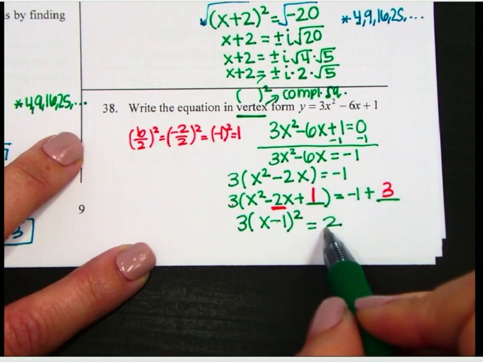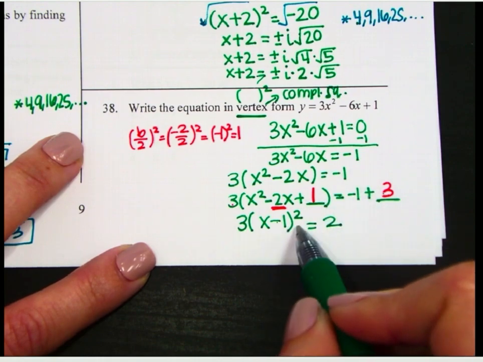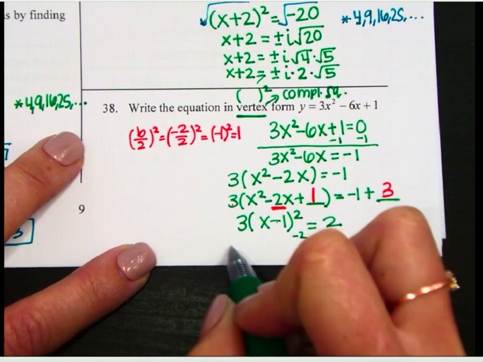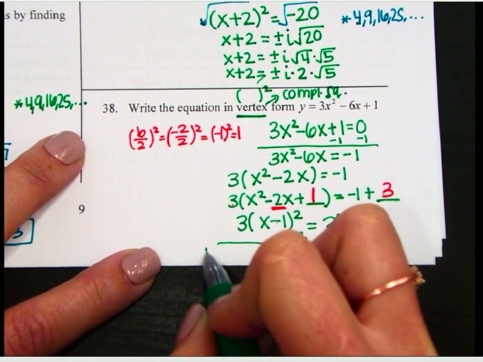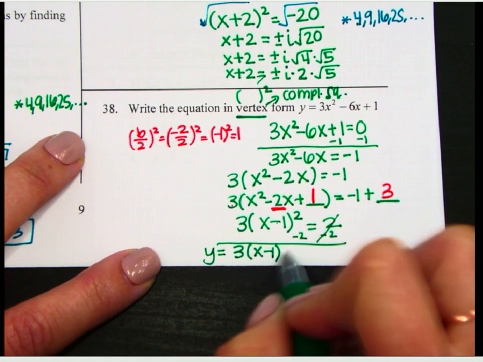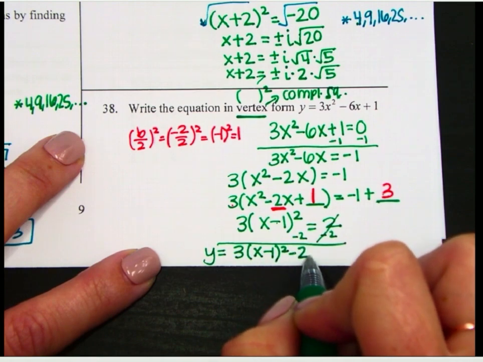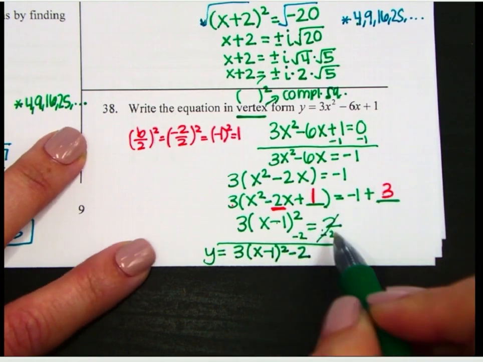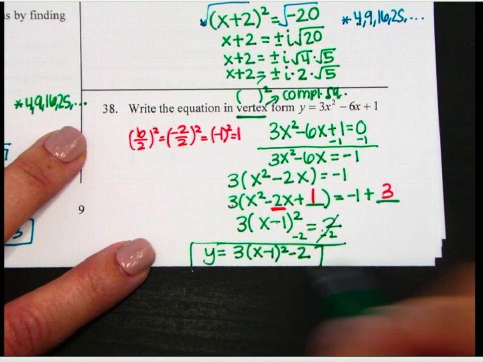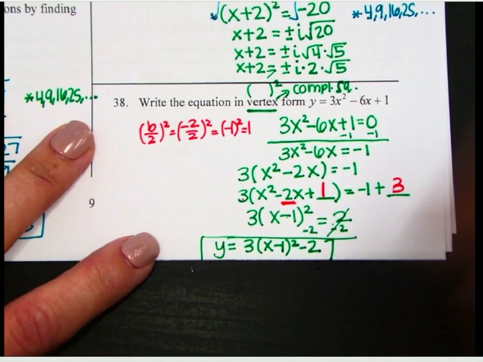All we're going to do is move that 2 back to the other side of the equal sign. So to do that, subtract 2 from both sides. And I end up with y equals 3 times quantity x minus 1 squared minus 2. Okay, so again, moving positive 2 back over makes it negative 2, and that is the equation in vertex form.